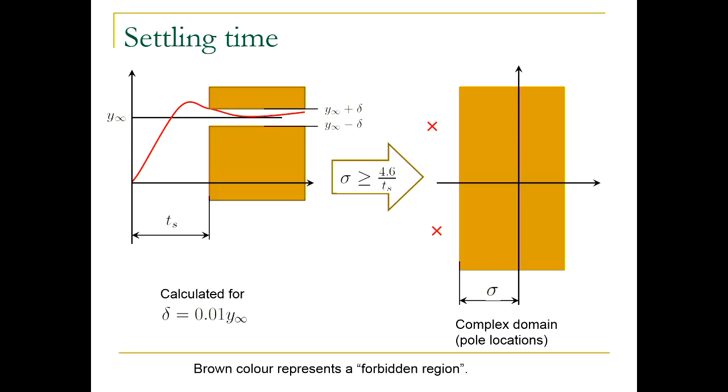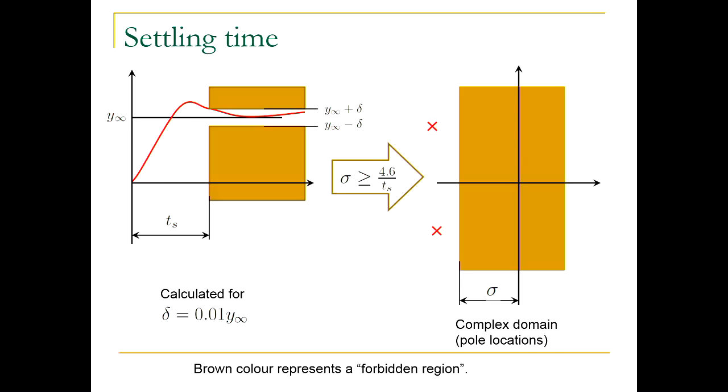If you tell me what settling time you want, so your boss comes and tells you, I want settling time to be 1 second, then you would know that for this transfer function, sigma has to satisfy this inequality, where sigma is basically the distance of this vertical line from the imaginary axis.